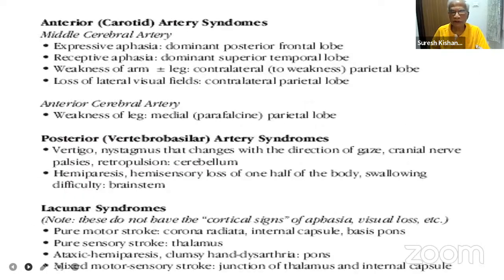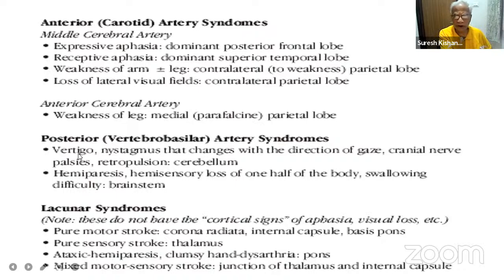Now here, these are the areas shown, which artery is affected and what are all the possible symptoms. For example, if it is a middle cerebral artery, there will be aphasia, weakness of the arms, loss of lateral visual fields. If it is an anterior cerebral artery, this is weakness of leg because medial parietal lobe is affected.